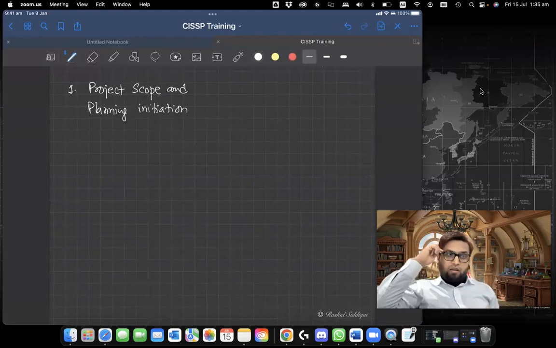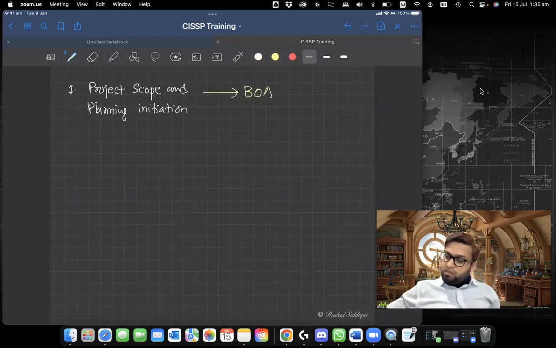And there are basically 4 things we do in this step. The first thing we do is called business organization analysis. Business organization analysis. So what is business organization analysis?